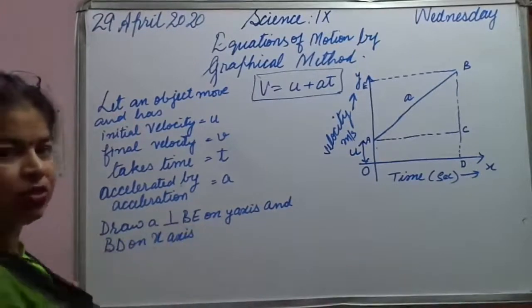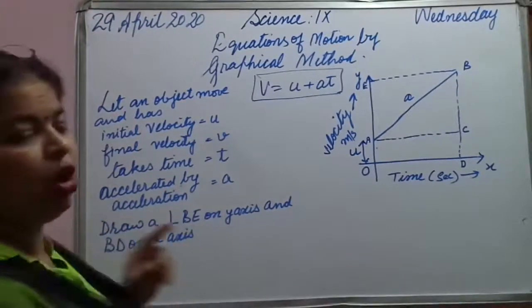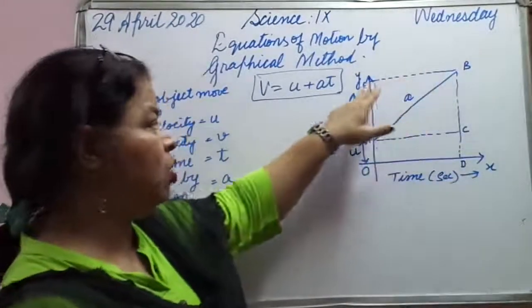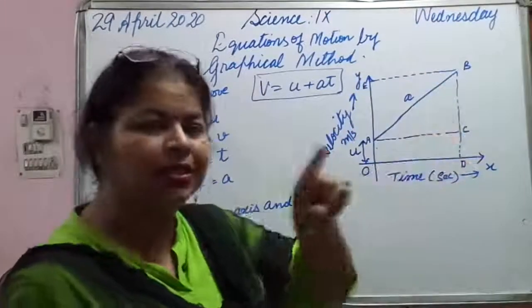This is your first construction. What? That you dropped 2 perpendiculars, BE, BD. BE on y-axis, BD on x-axis.